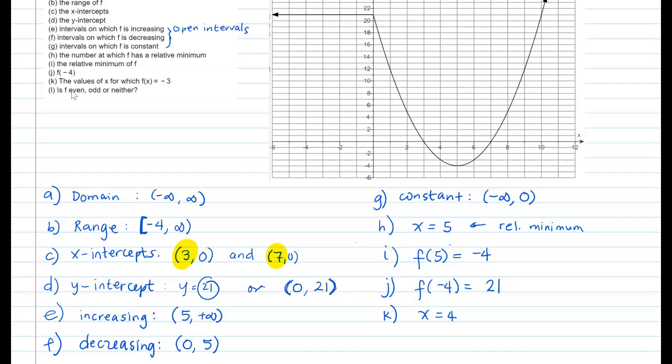even. Now, for odd function, we know that a function is odd if when we replace x by -x, so that means f of -x, you get the negative of the function, that means that the function is odd.